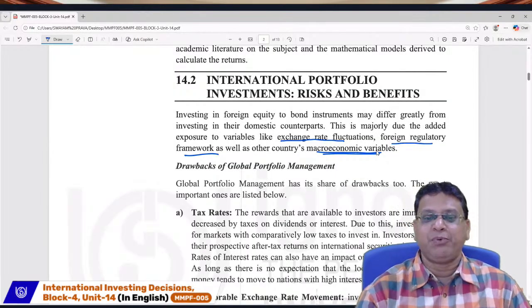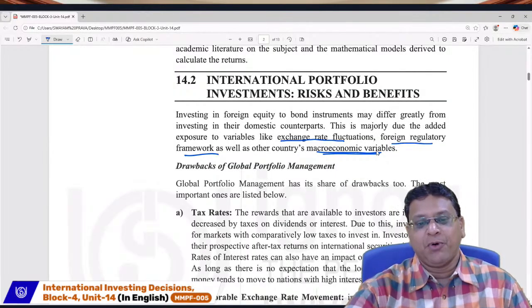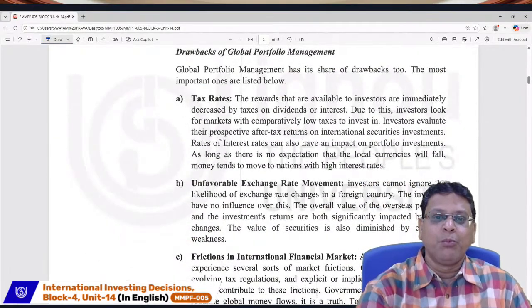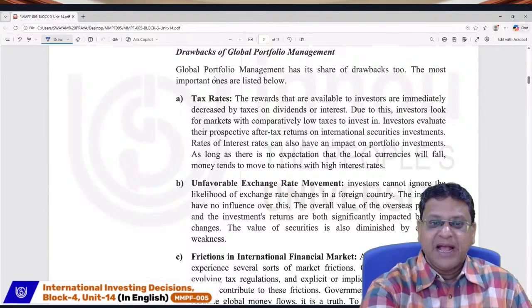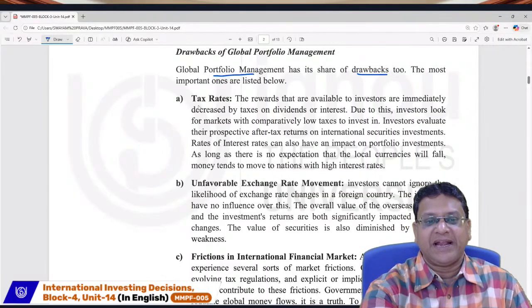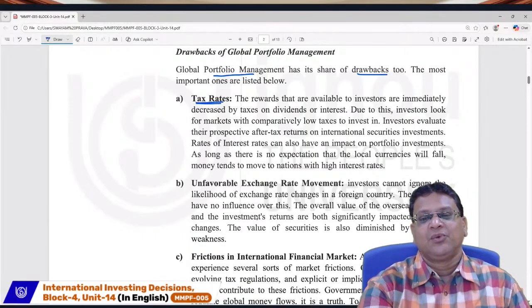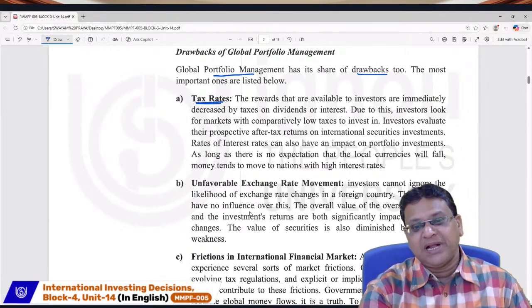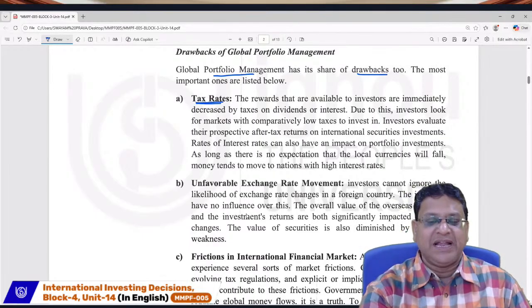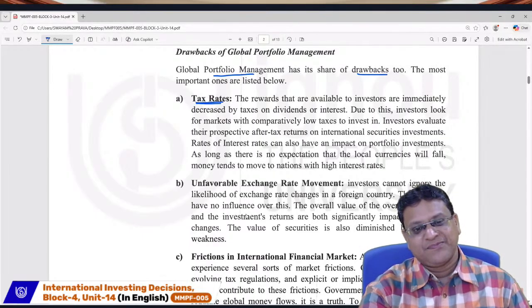When you invest in foreign companies' shares, the following risks are inherent. That means global portfolio management has its own risks or drawbacks. The first drawback arises due to tax rates. You know that foreign income is taxed at a higher rate in many countries.